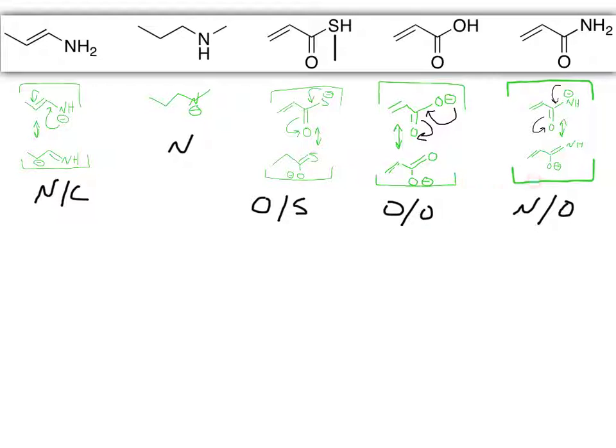Oxygen's more electronegative than nitrogen, so this is going to be my next most stable or weakest conjugate base. It comes from the second most acidic acid. So this is my last one with oxygen, and oxygen is more electronegative than nitrogen, so this is my next most stable conjugate base, and therefore this is my next most acidic species.